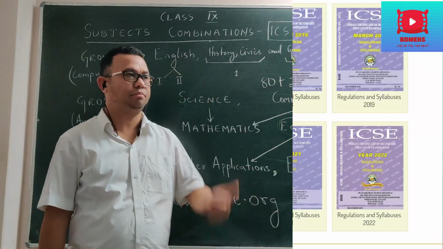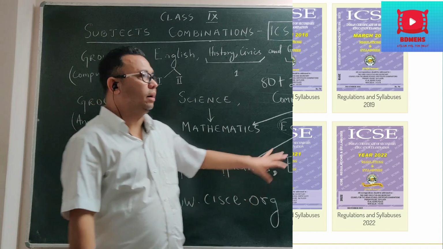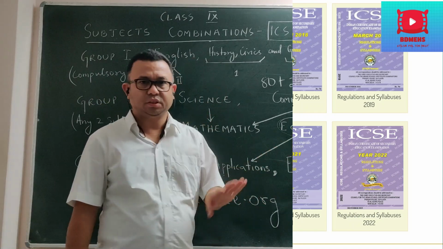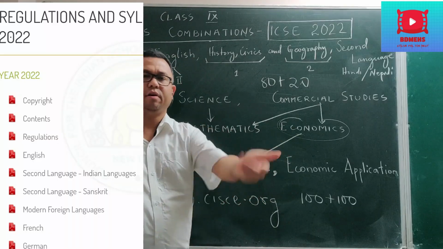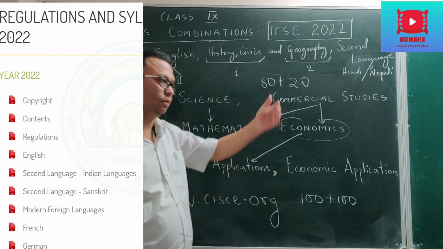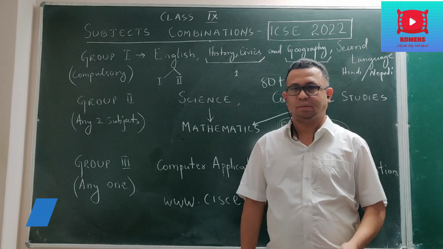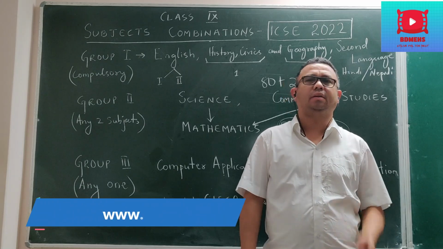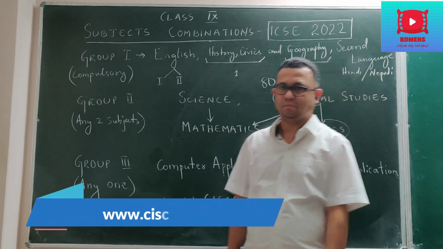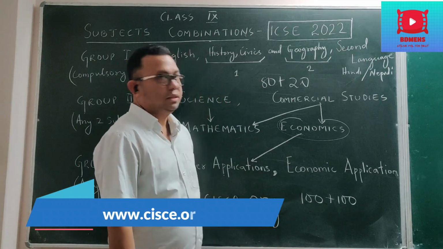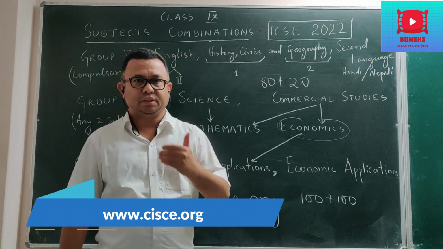Their detailed syllabus will be given for each of the subjects. Whichever subjects you have taken, you can click on that, and a PDF file will get downloaded, and through those PDF files you'll be knowing about the different chapters that you have in your syllabus.